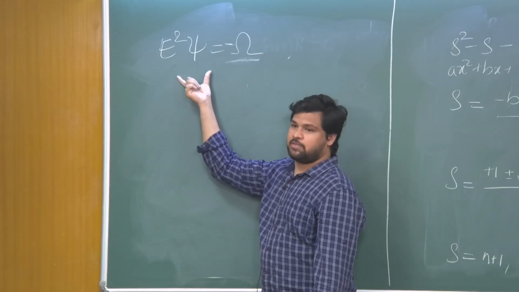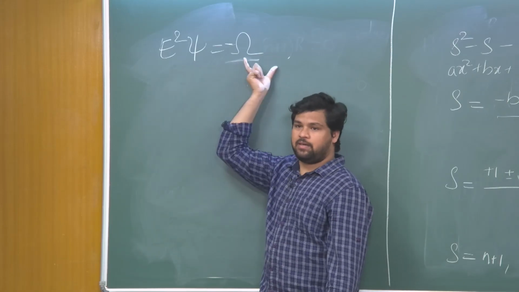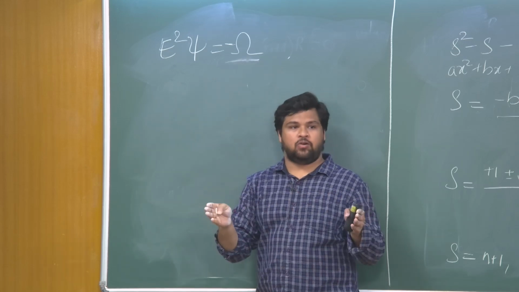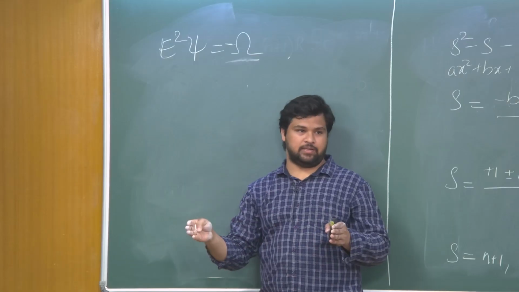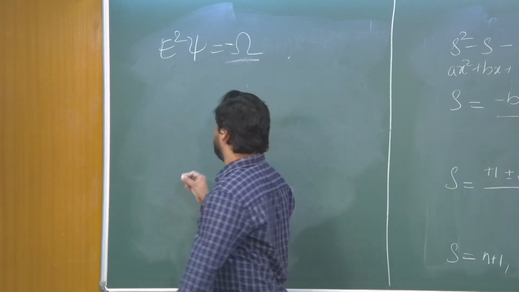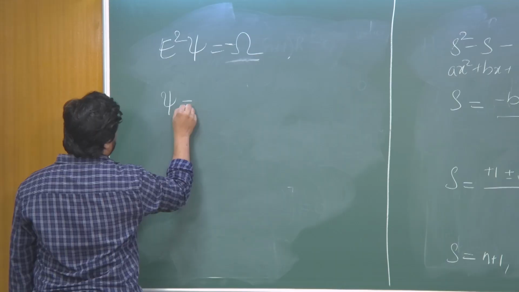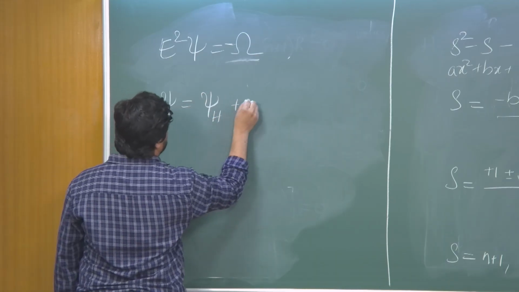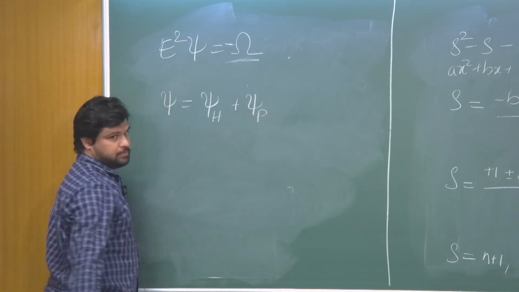If you see this equation, it has a homogeneous part and one non-homogeneous part. To solve this, we have to split into the homogeneous solution plus the particular integral, whatever we have seen there. So, my psi equal to psi h plus psi p.